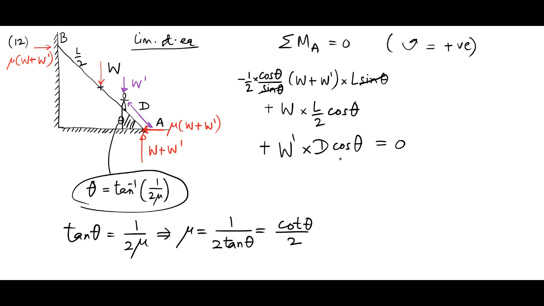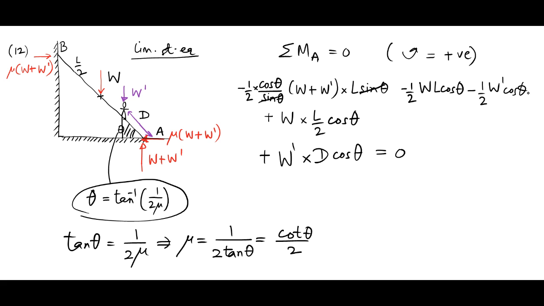I'll just expand the bracket. Minus half of W L cos theta, and there's another minus half W dash into cos theta, and of course it's multiplied by L. I forgot that. So that's the expanded form of this.